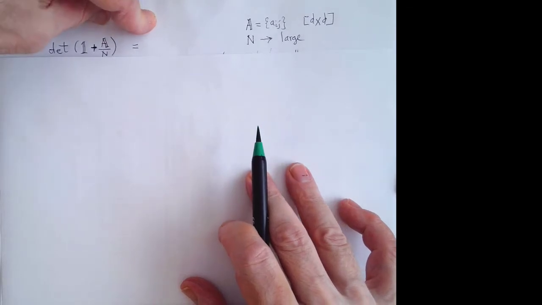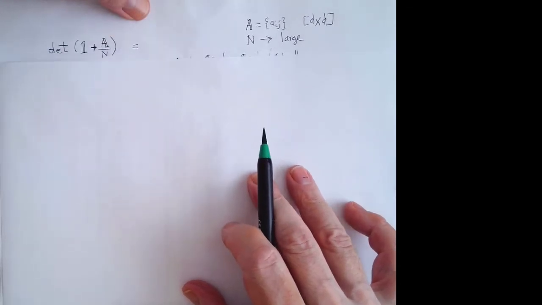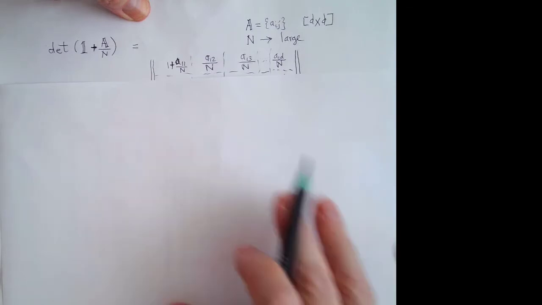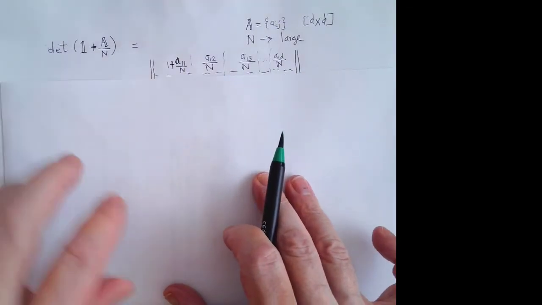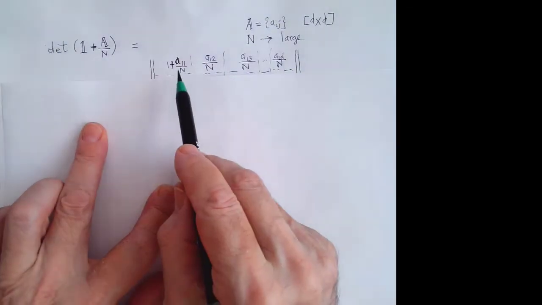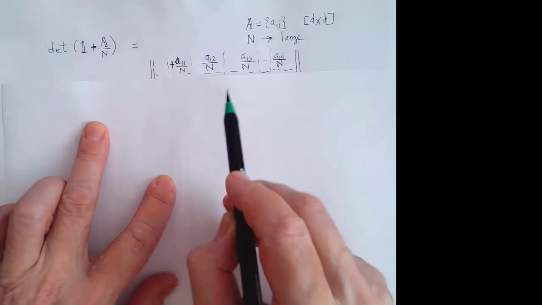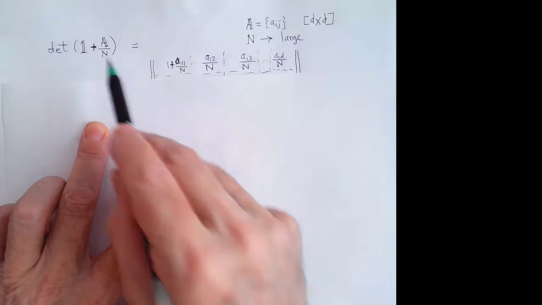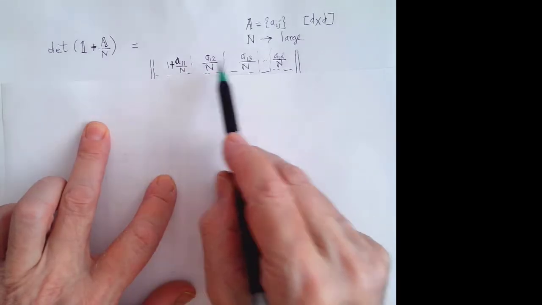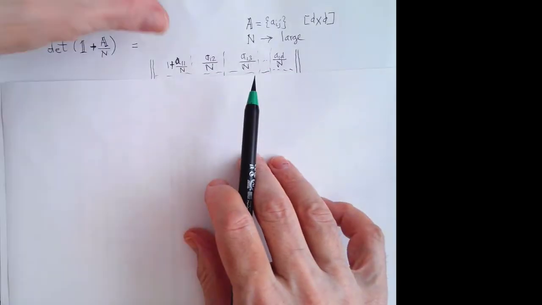Let's compute the determinant using minors. Writing it out, on the diagonal we have 1 plus a_11 over n, and then the rest of this matrix: a_12, a_13, up to a_1d.